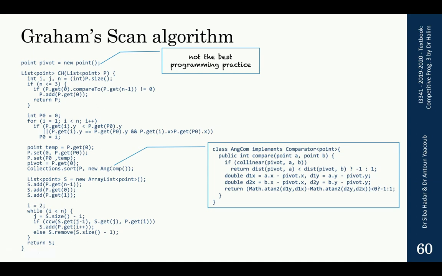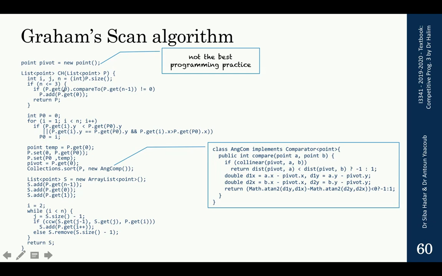So the code is here. This is the function convex hull. It takes a list of points. It does not take polygons, so the last point in this list is not equal to the first. And that's why we see if the size is 3, so if it is a triangle, the triangle is the convex hull of itself.